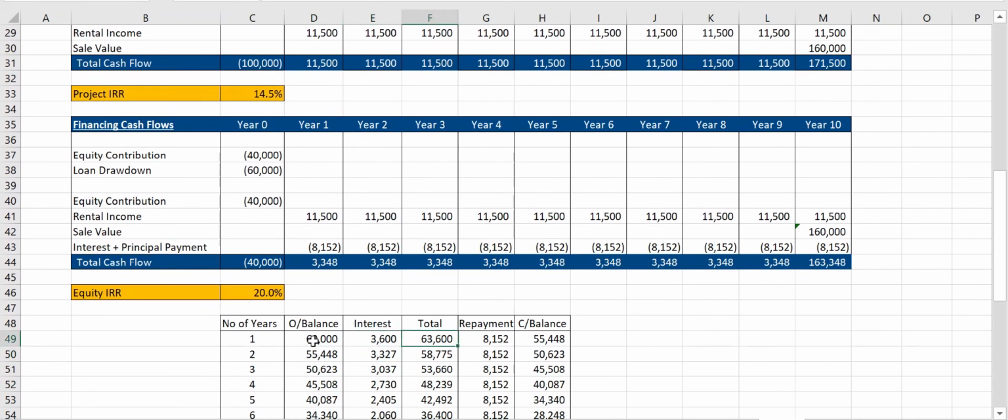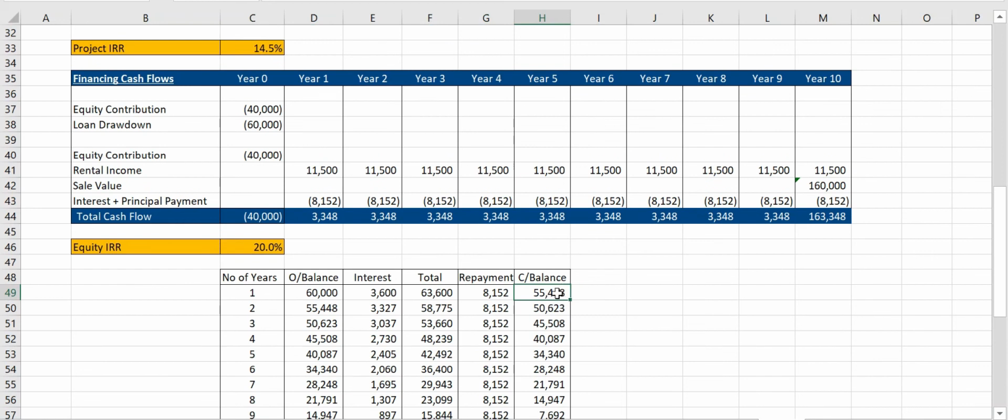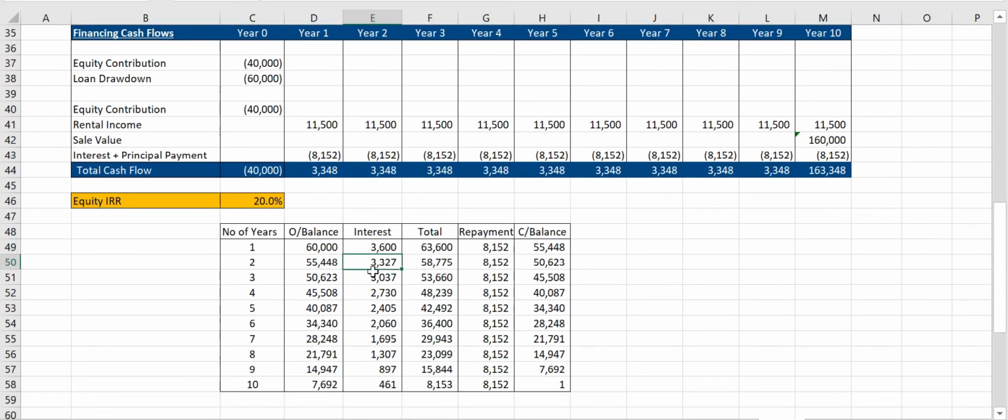Then the total loan amount outstanding, including the interest, will be 63,600. Then the repayment will be 8,152, and the closing balance will be 55,448. Based on the closing balance, the next interest will be calculated. Likewise, it will continue until year 10. At the end of year 10, the balance will be 0.